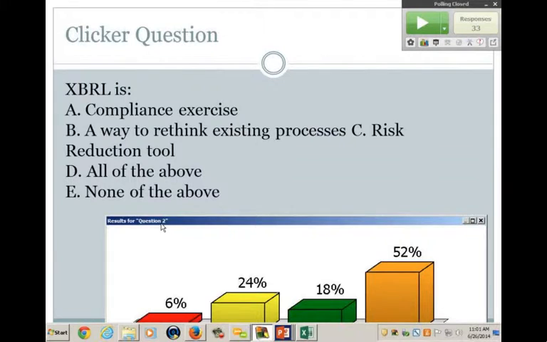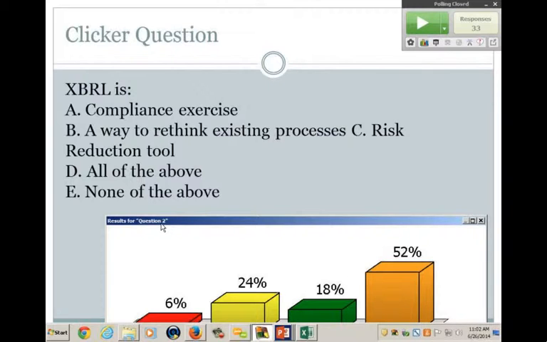So the answer is E. Is here the B? I would say E, correct? Which one would you say? A, for sure, is a compliance exercise, correct? Meaning you have to comply. It's the law of the land, for sure. B. Yeah, you think processes, correct? Because you are thinking of transmitting data electronically instead of manually.